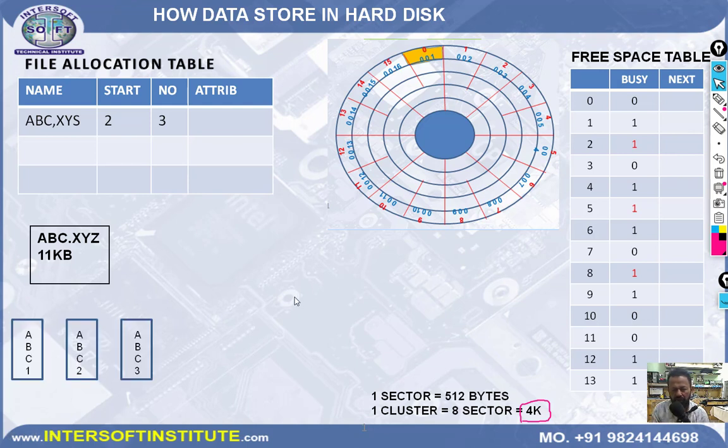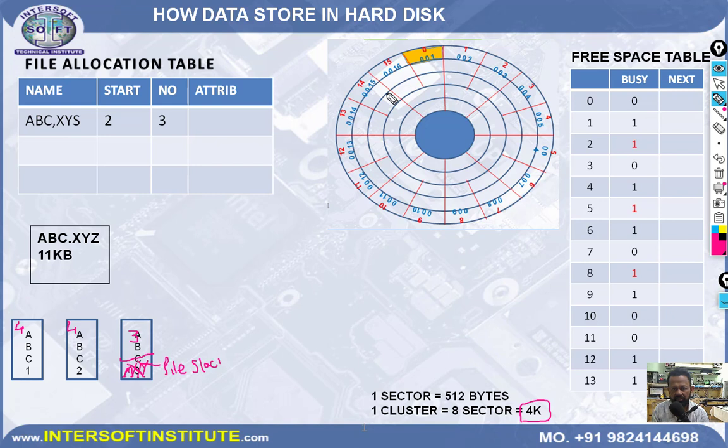We occupy 3 blocks because the file is 11 KB. So we occupy one block of 4 KB, another block of 4 KB, and the third block holds 3 KB, leaving 1 KB that no one is allowed to use. That is the file slack.